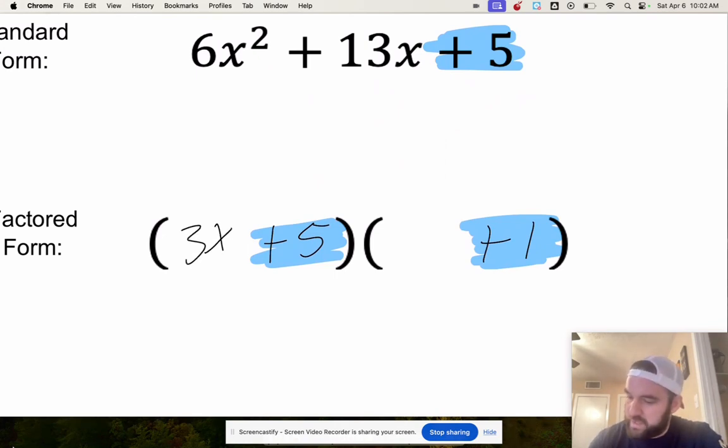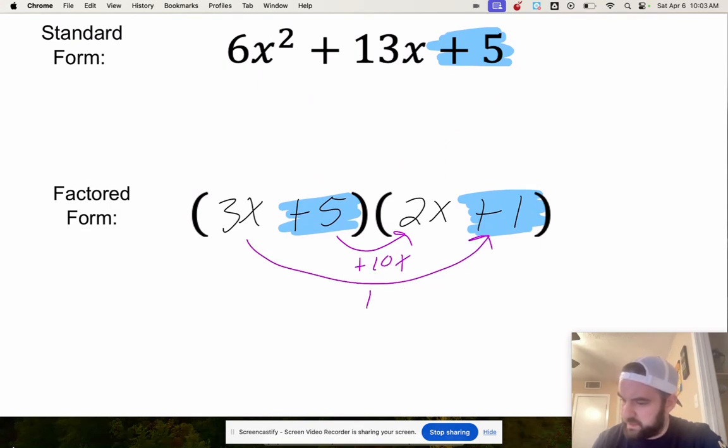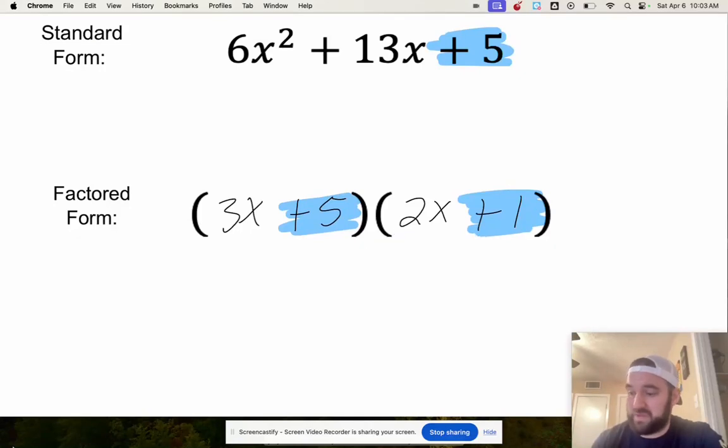So I'm going to try 3x and 2x. I'm not going to highlight those yet in green because I want to check to see. Here's 10x. There is 3x. 10x and 3x makes 13. So we got lucky on this one. Sometimes the first thing you write down is the right answer.